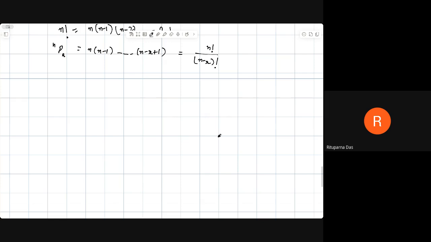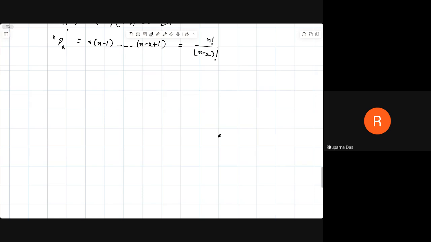Now say repetition is allowed. Say you have n distinct objects but repetition is allowed. Similarly, by the generalized principle of counting, this will happen n ways into n ways into n ways into n ways, which is n to the power r ways.